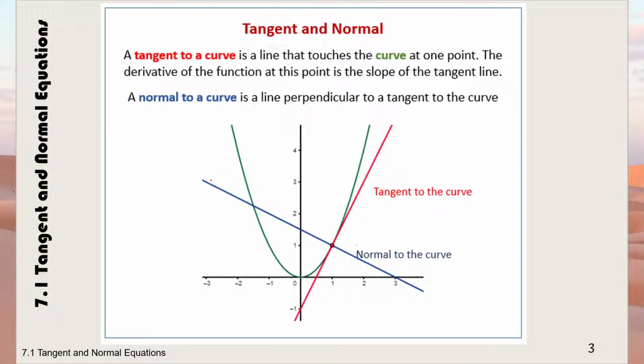And if we have a line which is perpendicular, or 90 degrees, to this red line, then the blue line is called a normal. So a normal to a curve is a line perpendicular to a tangent or to the curve.